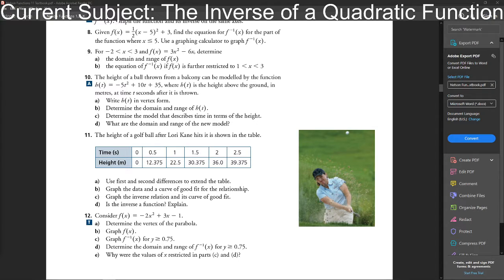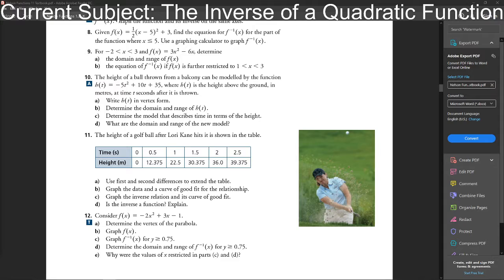Okay. Square. Interesting spelling. Can we complete the square on this one?